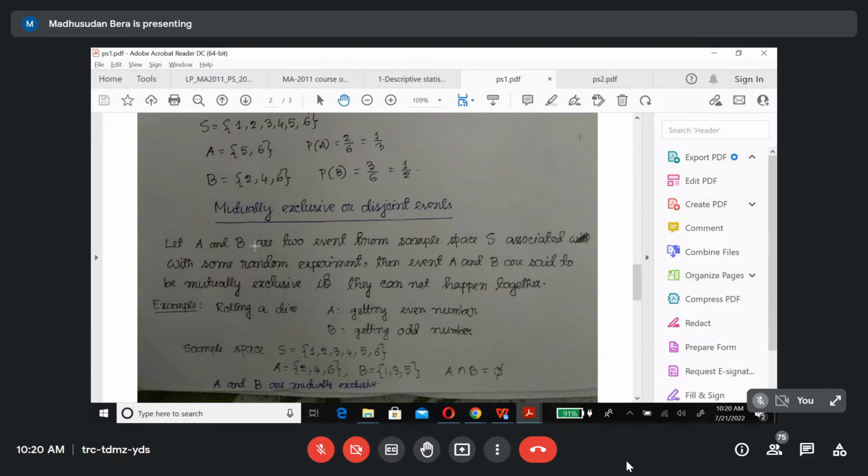A and B are two events from the sample space associated with some random experiment. A and B are said to be mutually exclusive if they cannot happen together, that means their intersection is empty. So if A intersection B equals phi, then the events A and B are called mutually exclusive or disjoint events.